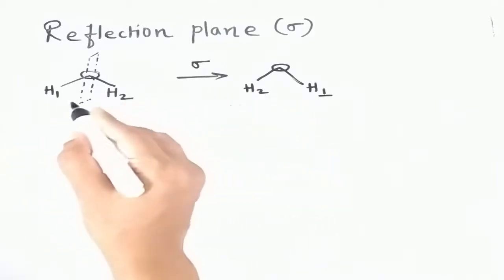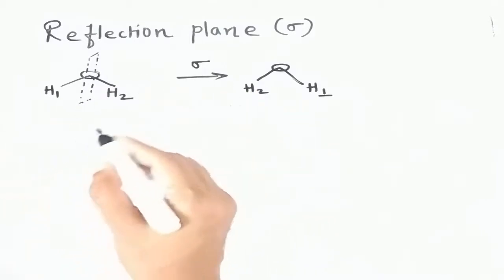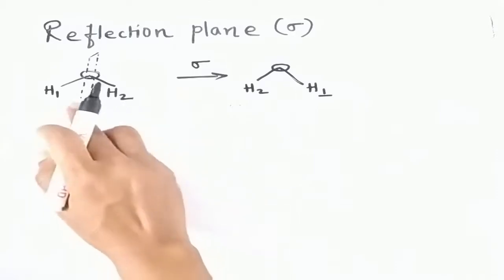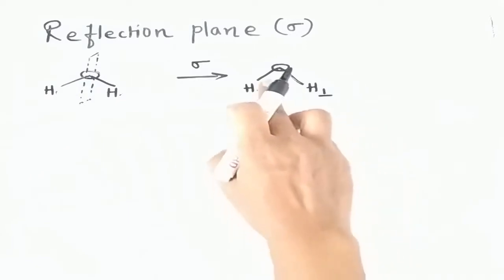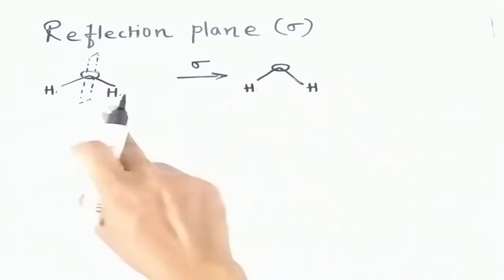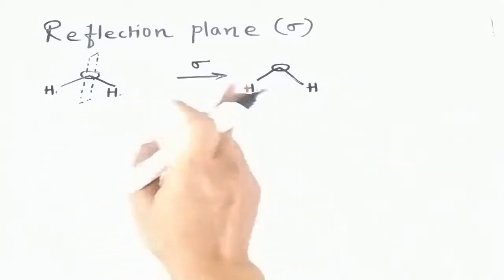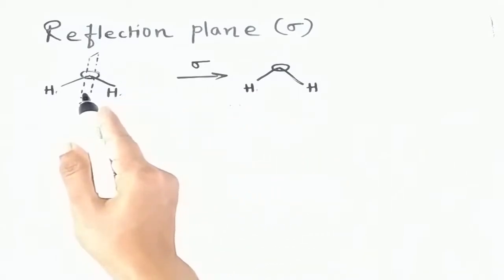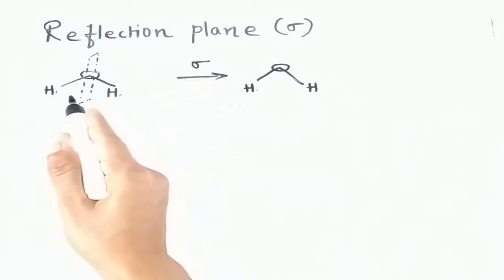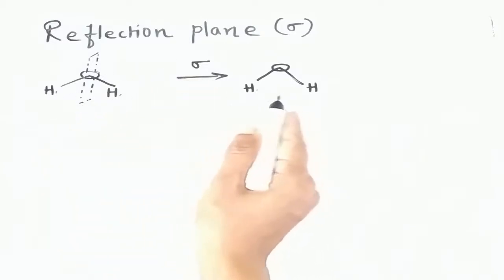It is called operation of an element. Now if these numbers were absent, then we could say that these molecules are identical, though we have operated a reflection plane and the hydrogens interchange.